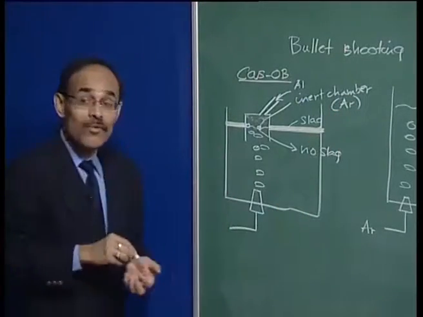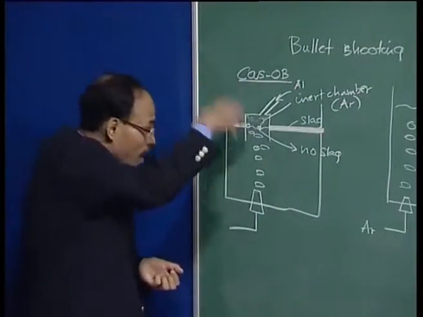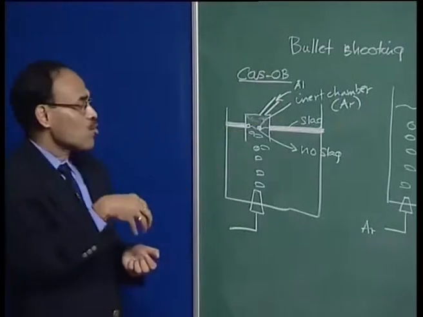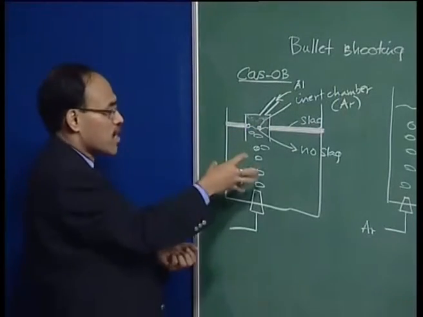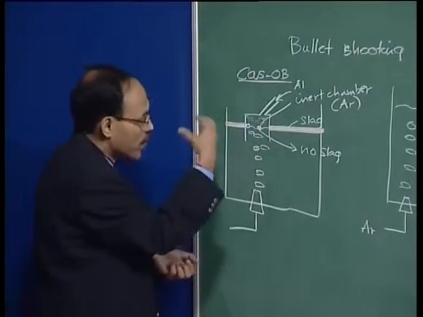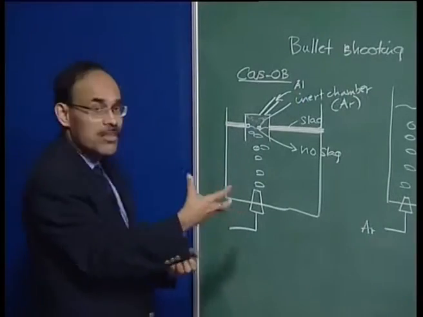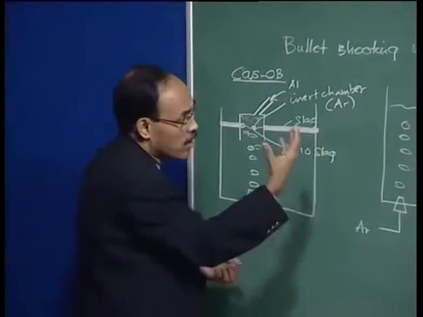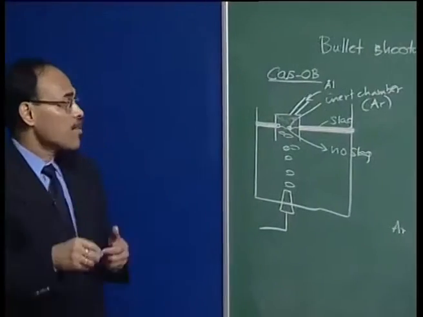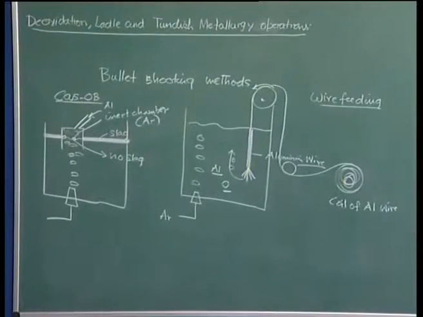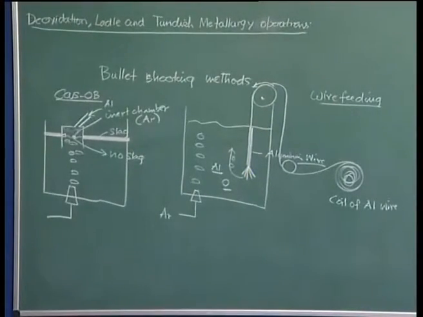So therefore, what we will see is that the buoyant additions which are going to be introduced into the CAS-OB process will have a greater potential to react with the molten metal, dissolve into the molten metal, than reacting with oxygen as would happen in a typical conventional furnace tapping operation.